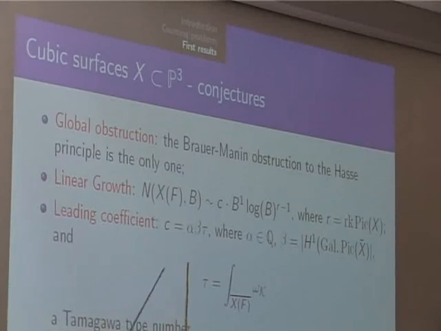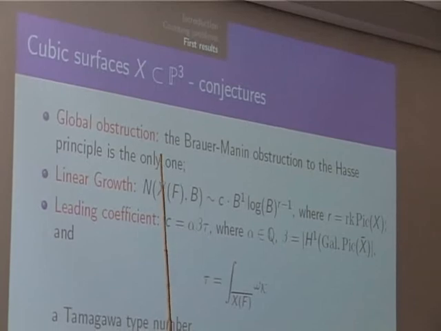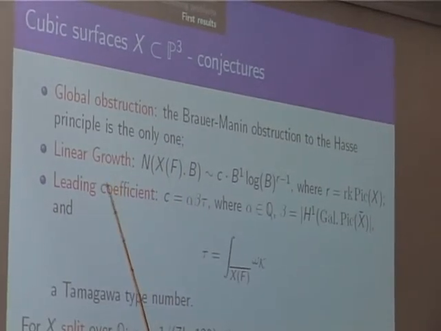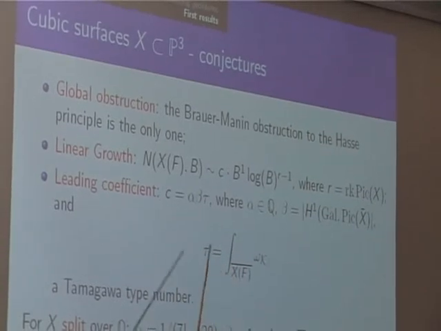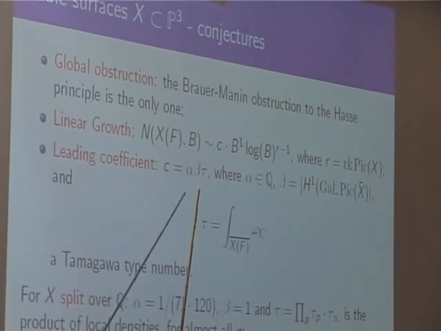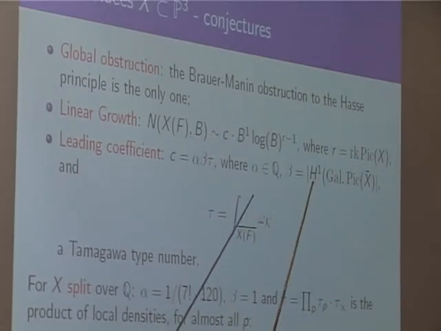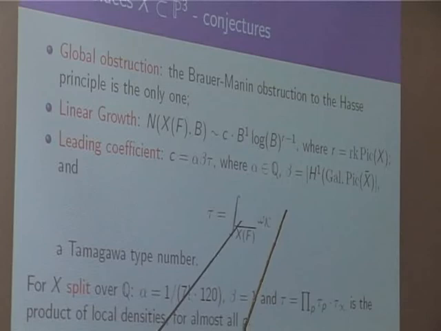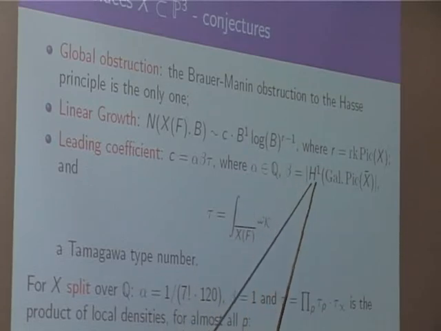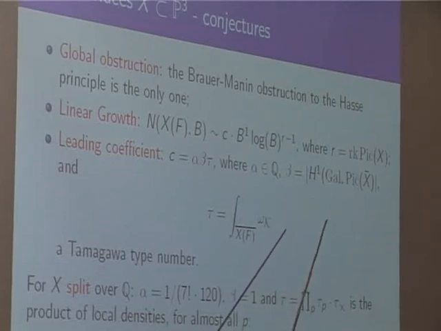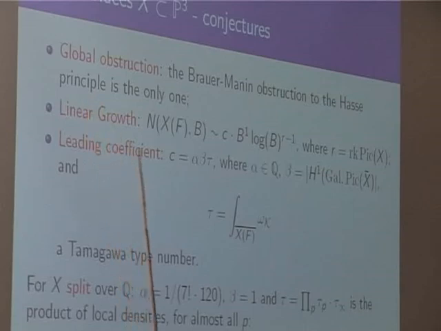What about the leading coefficient? Now the leading coefficient is not going to be a product of local densities like we've seen before for hypersurfaces in dimension bigger or equal than 3. It's a rather complicated thing, so these are the conjectures. It's a product of 3 numbers. Alpha is some rational number, which I'll introduce later on. Beta is the order of a Galois cohomology group, and again, you've probably seen it already, or will be seeing it later this week.